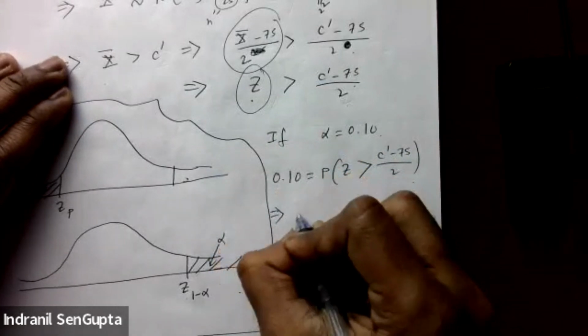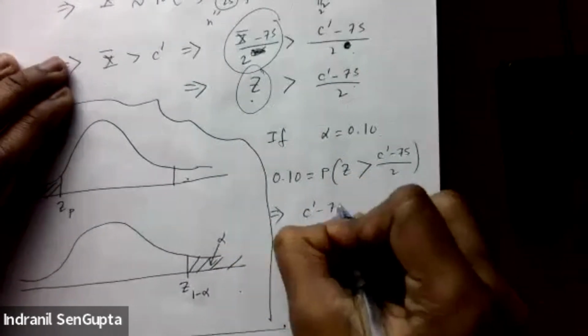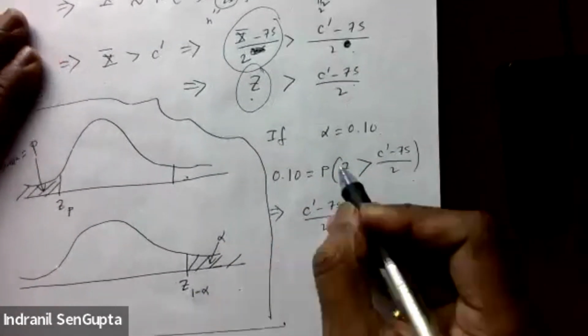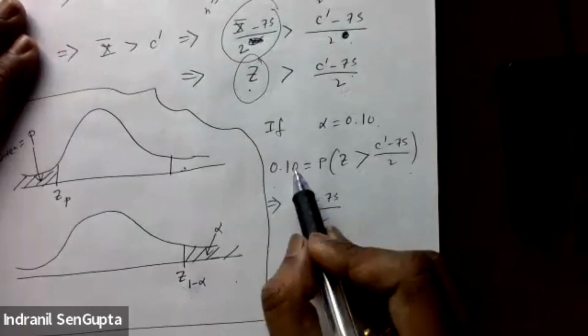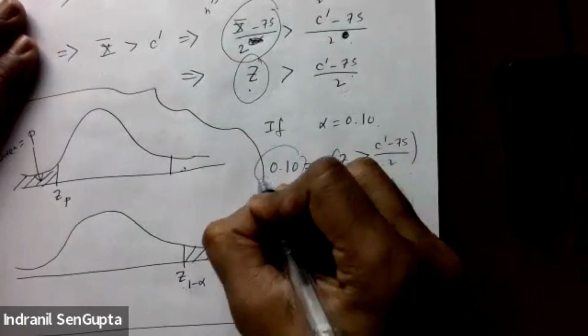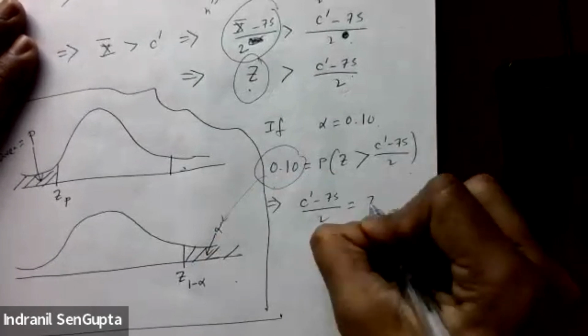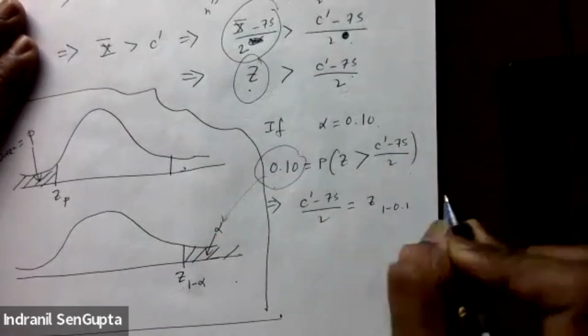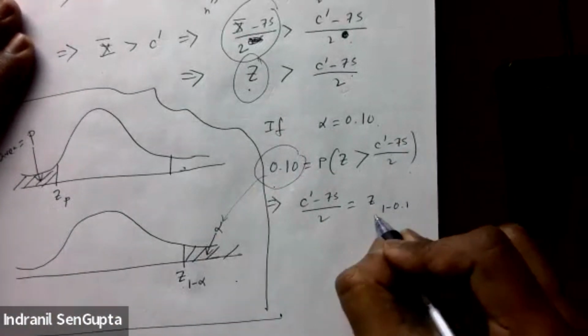And therefore I have c prime minus 75 over 2 from this picture. So my quantity is like this alpha, and I have to write this z of 1 minus 0.1. So it's z of 1 minus alpha.